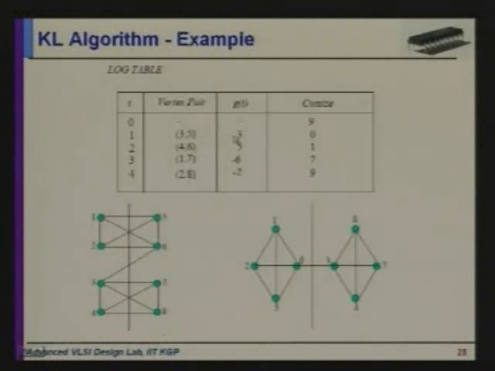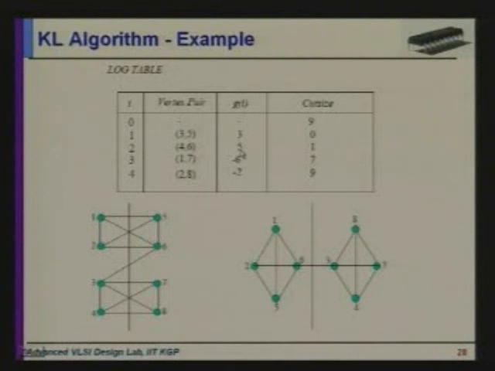So the gain of 3 comma 5 is 3, okay, and the cut size, if I do this change, this is a mistake here, the cut size becomes 6. Why? Because I have a gain of 3, the cut size reduces to 6, okay.